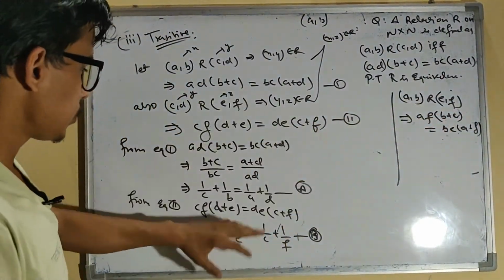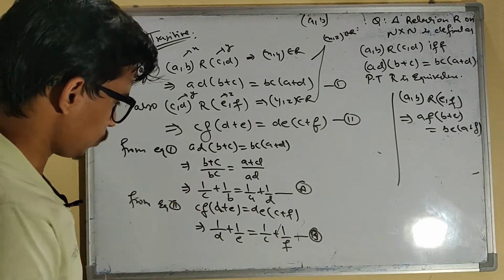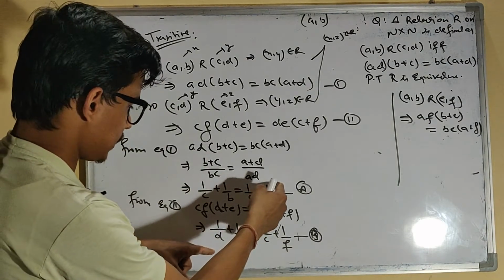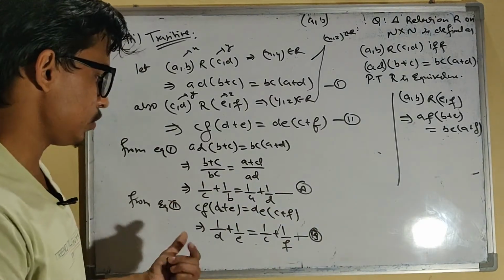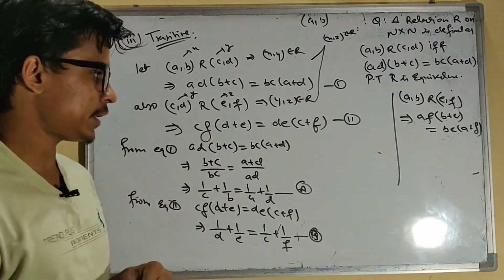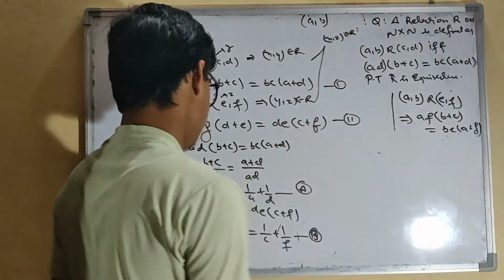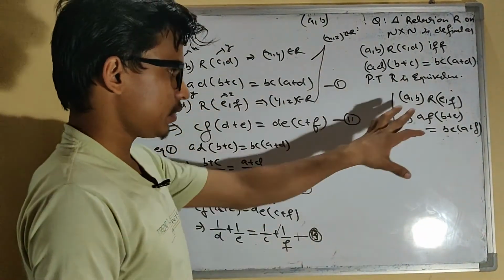If you add these two, 1/c will cancel out with 1/c, and 1/d will cancel out with 1/d. So c and d will be eliminated, and the solution will become easy. This is rough work.